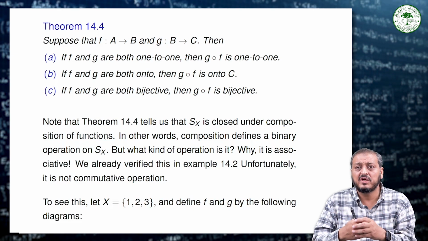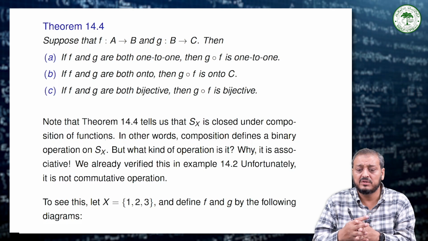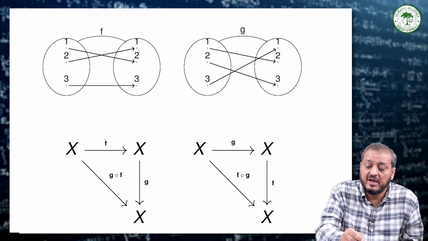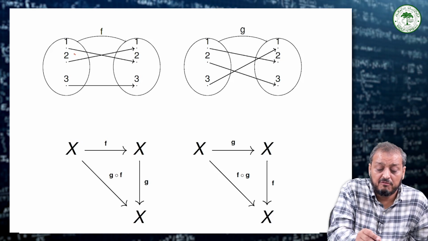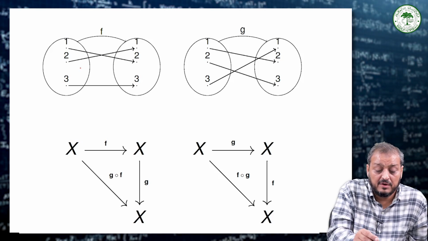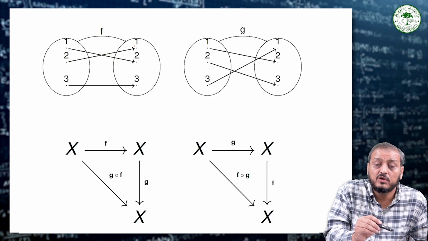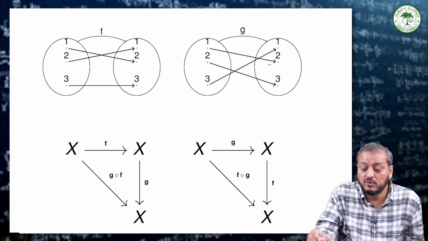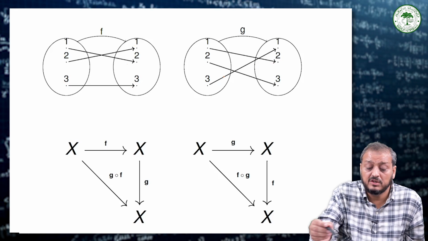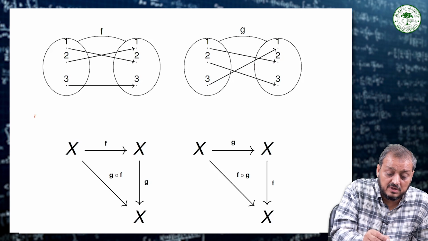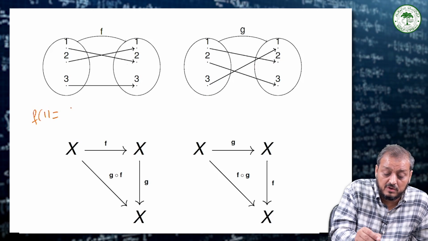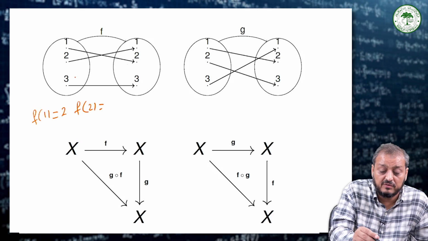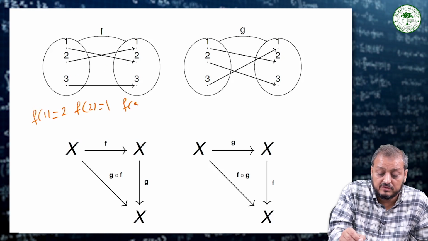Let X be a finite set {1, 2, 3}, and define f and g by the following diagram. f is defined in this way: f of 1 is equal to 2, f of 2 is equal to 1, and f of 3 is equal to 3.